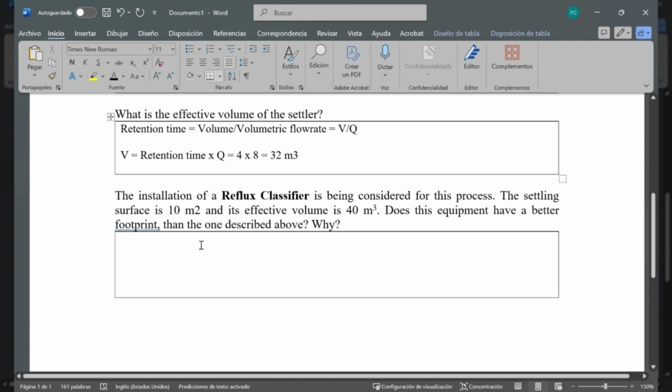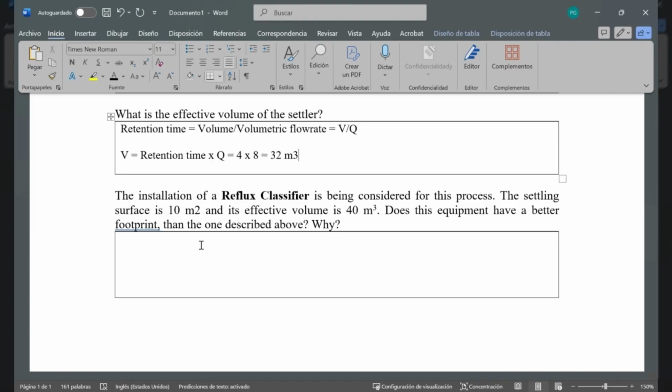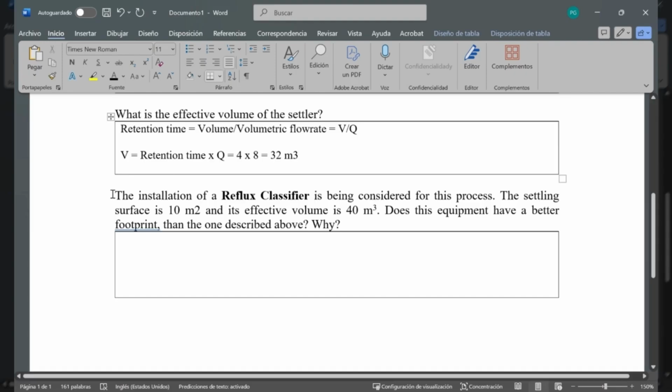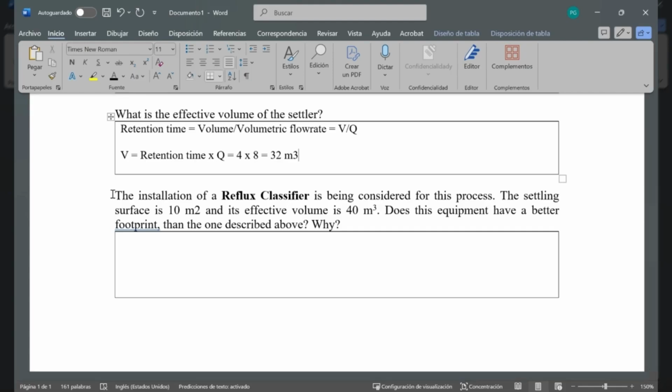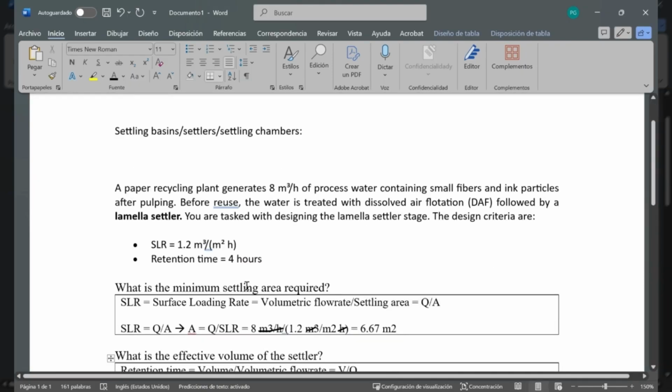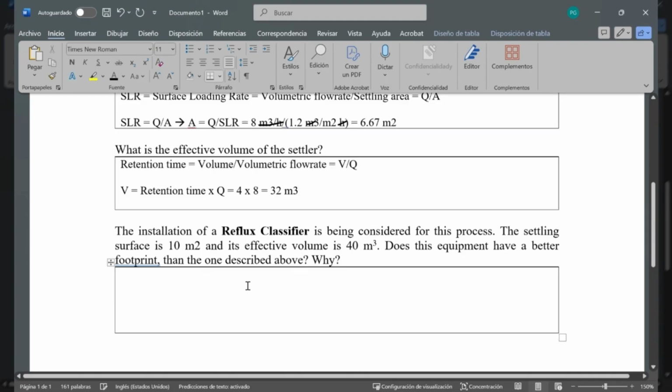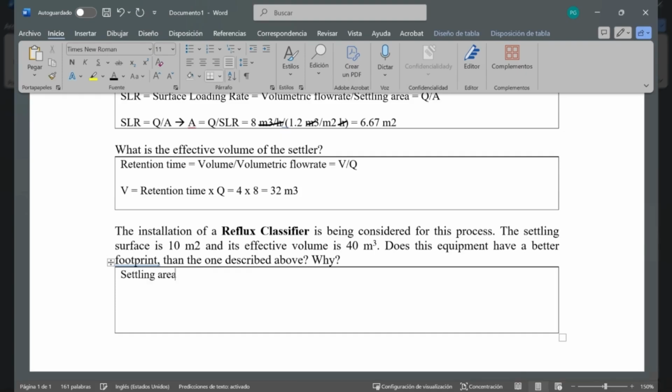Now, moving on to our last question. Here we have to compare the dimensions of the reflux classifier over the lamellar settler over here. So how we're going to compare this? We are going to compare these by calculating the settling area a certain equipment has over its volume.